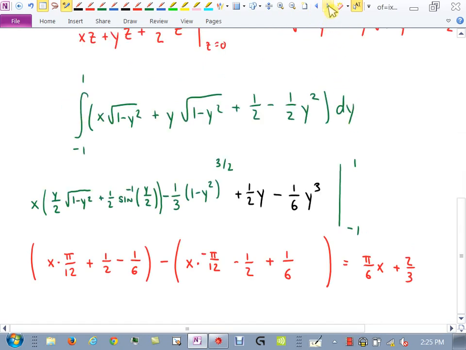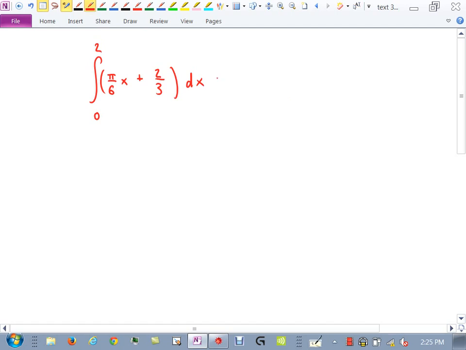Yeah, pi over 6x plus 2/3. I hope this works. Okay, the antiderivative of pi over 6x with respect to x is going to be pi over 12x squared plus 2/3 x evaluated from 0 to 2.